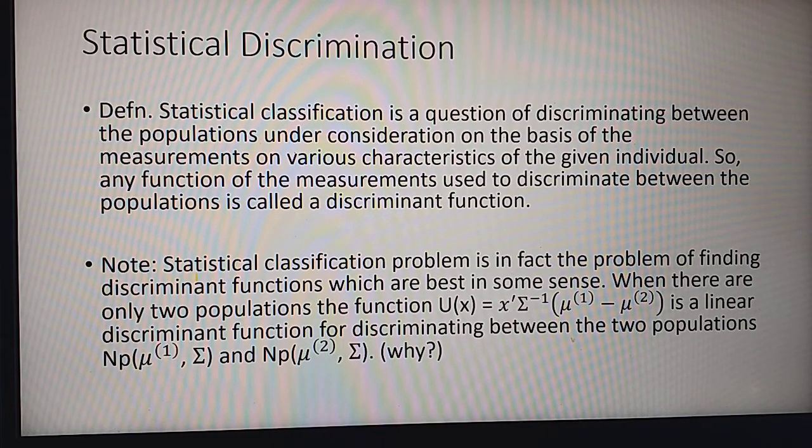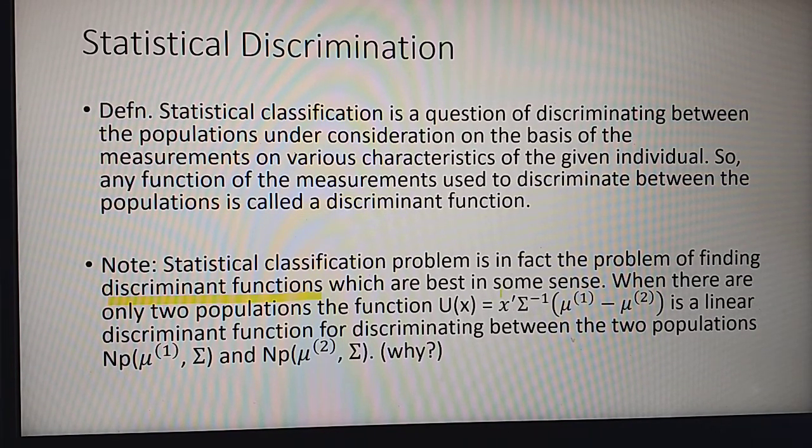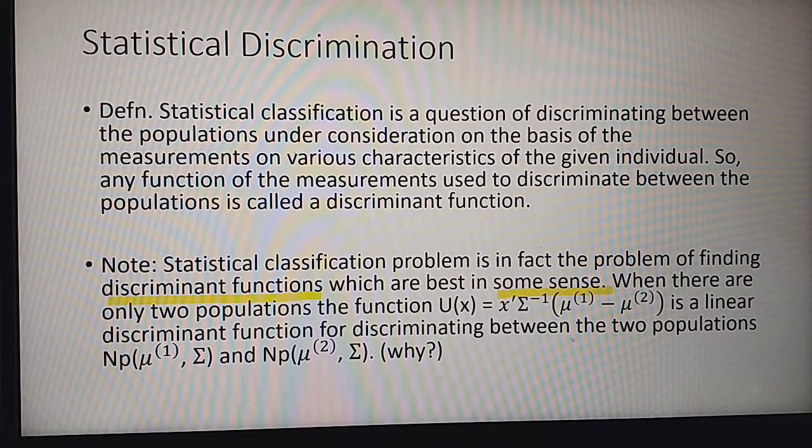Here, a statistical classification problem is in fact the problem of finding discriminant functions which are best in some sense. When there are only two populations, the function u(x) = x prime sigma inverse (mu1 minus mu2) is a linear discriminant function for discriminating between the two populations N_p(mu1, sigma) and N_p(mu2, sigma).